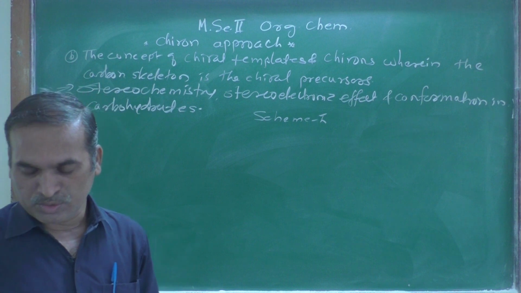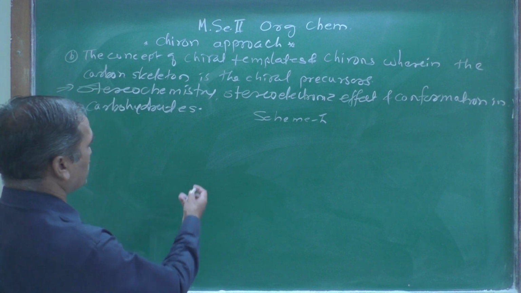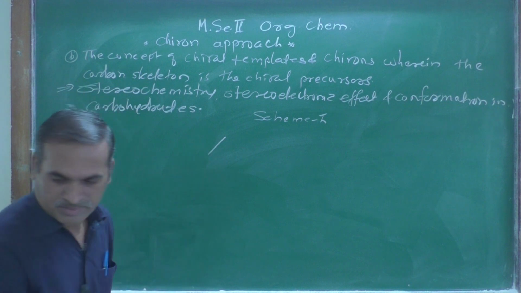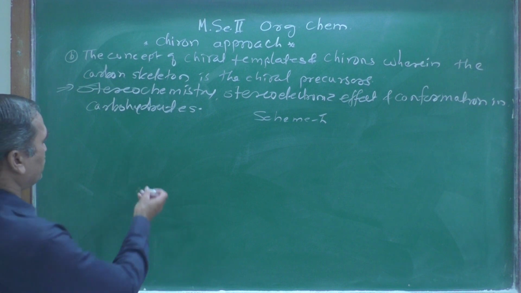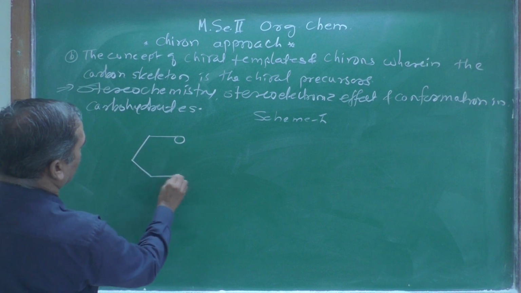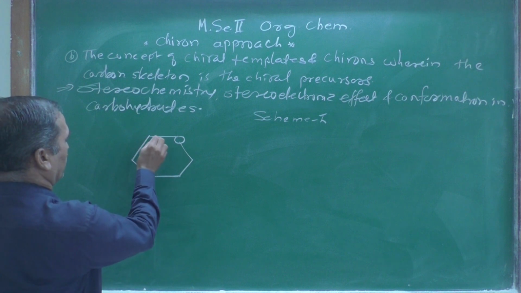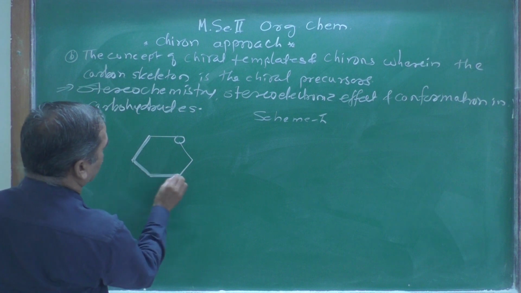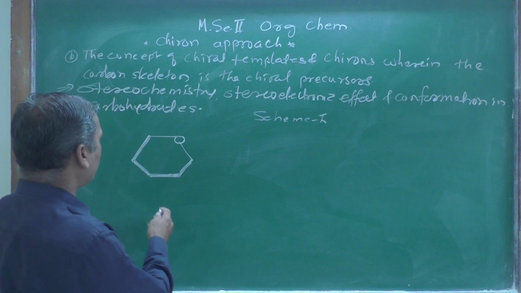So here, as we know, carbohydrates are generally present in these forms. This is one of the forms of the carbohydrates. Starting from here, this is a 6-membered ring of that carbohydrate, with a carbon skeleton.